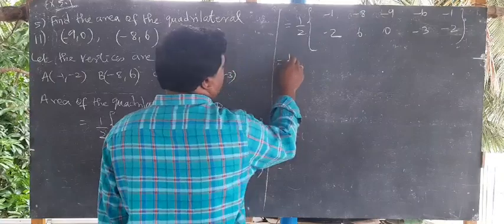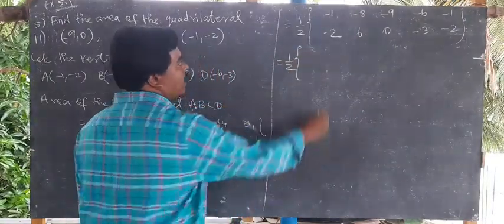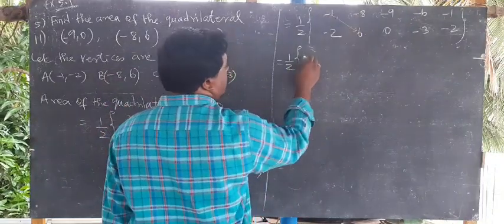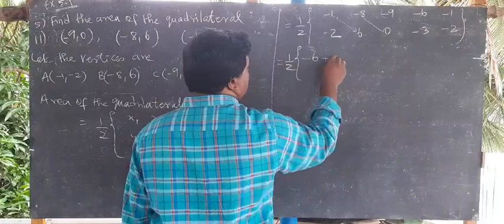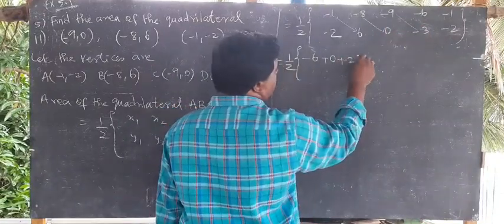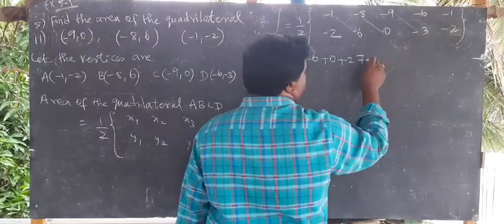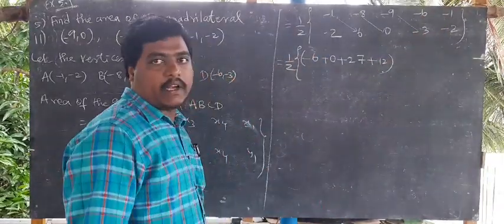This equal to minus 1 into 6 minus 6, minus 8 into 0 is 0, minus 9 into minus 3 plus 27, minus 6 into minus 2 plus 12. Close the bracket.